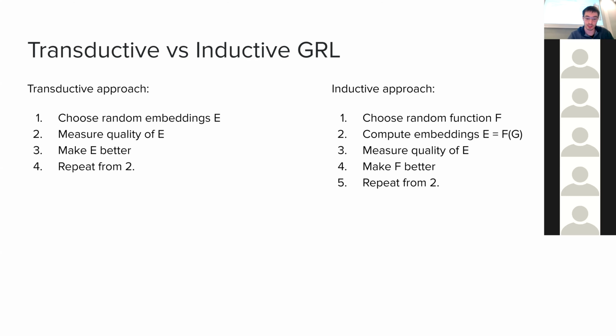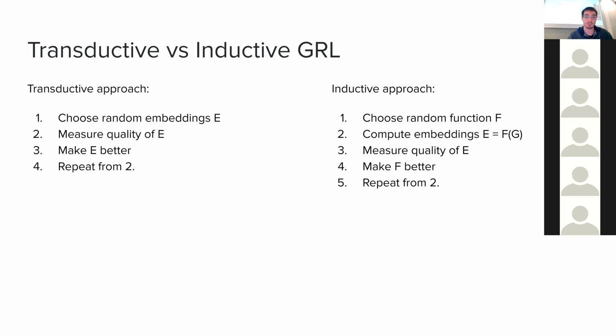So the difference between these two approaches is that the first approach requires you to compute a separate embedding for each node. And if your graph changes, if you get some new nodes that are added, you will have to recompute the embeddings. On the other hand, if you computed a function that can produce the embeddings for you, then you can just apply this function to the new nodes, and you can in this way get a good approximation of what their embeddings would be.